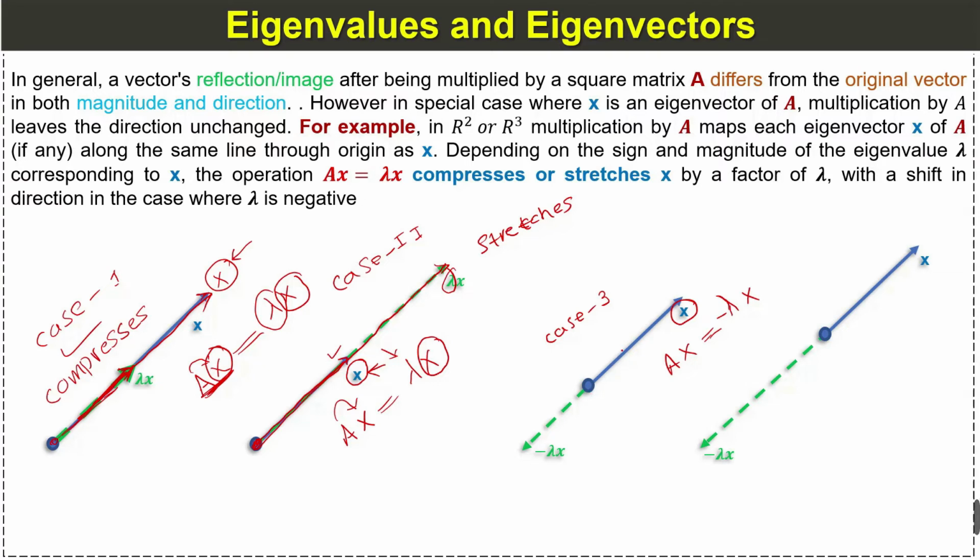In this case the vector is minus lambda times x, in the opposite direction to the original vector, and it also compresses. So this is the third case: reversal of direction and compression.